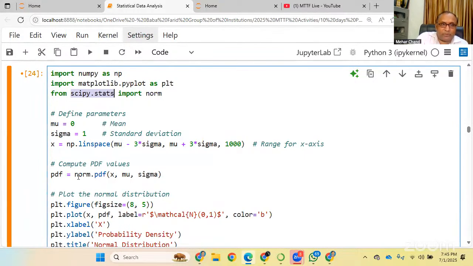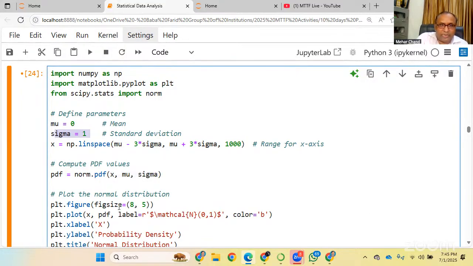The value x is variable, mu is what we calculated here, and sigma is also 1.